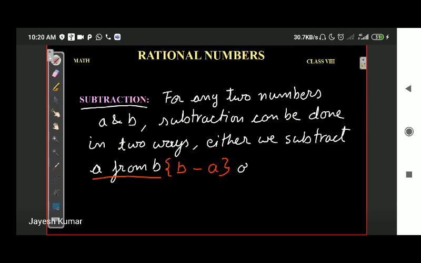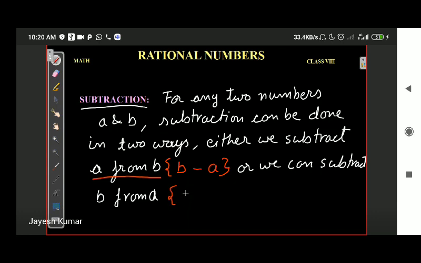or we can subtract B from A. We can subtract B from it. And what do we mean by B from A?